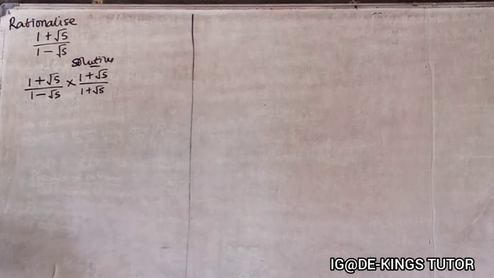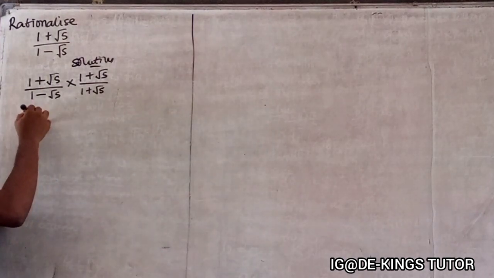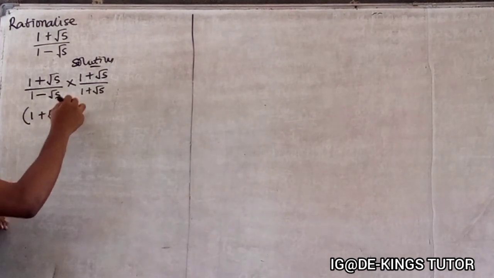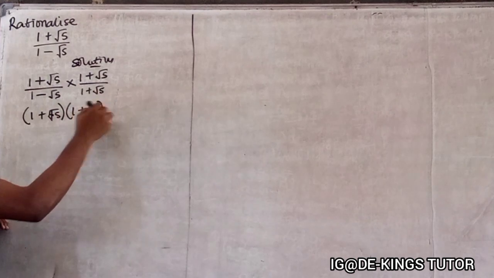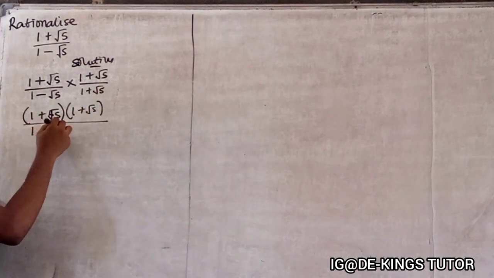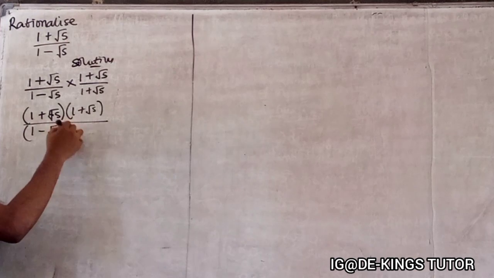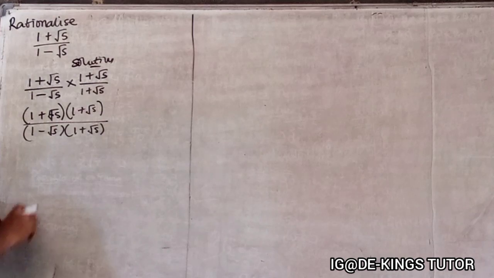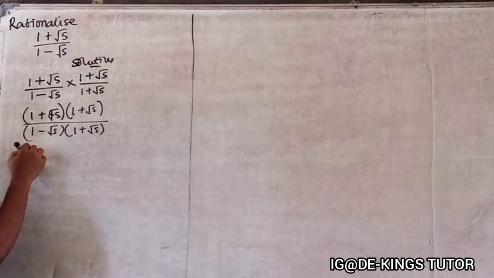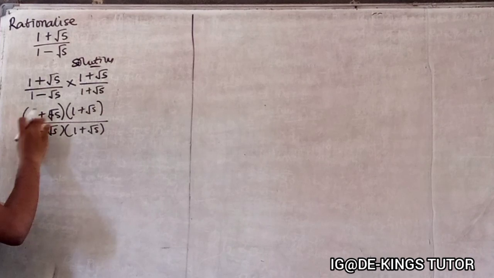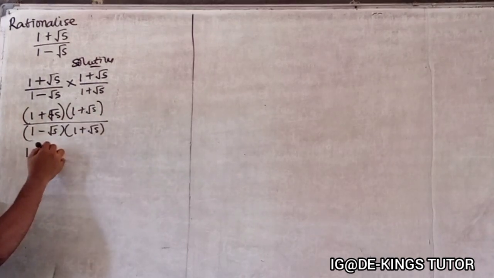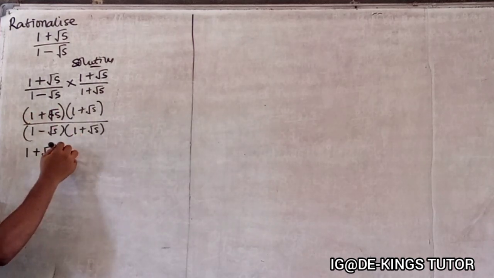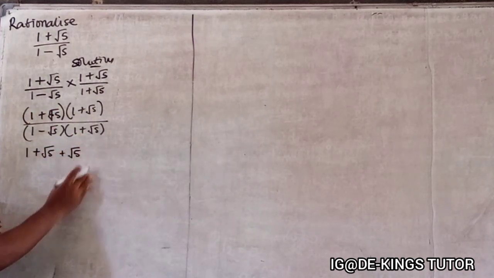Okay. So now, if we continue, we'll have 1 plus root 5, 1 plus root 5, divided by 1 minus root 5 and 1 plus root 5. And let's open the bracket. 1 times 1 is 1. 1 times root 5 will give us root 5. Root 5 times 1 will give us root 5.